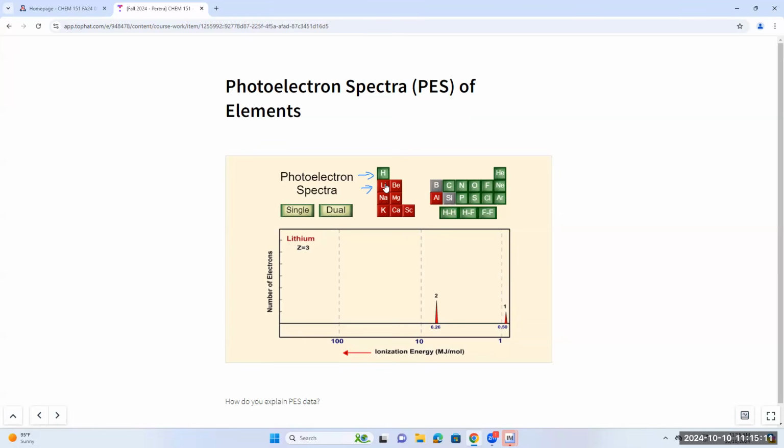As a result, they feel the positive charge of the nucleus more. Therefore, those electrons are more strongly attracted to it, so higher ionization energy. The first shell is closer to the nucleus, so the ionization energy of those electrons will be higher than the outer shells. Yeah? All right. What questions, concerns, comments do we have?